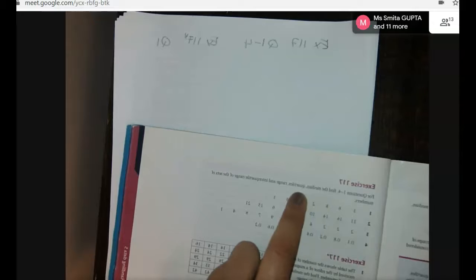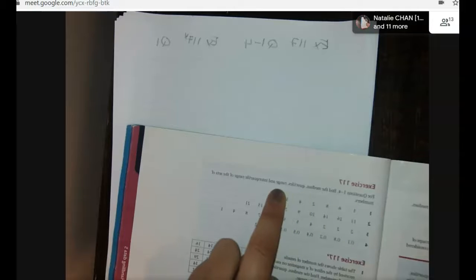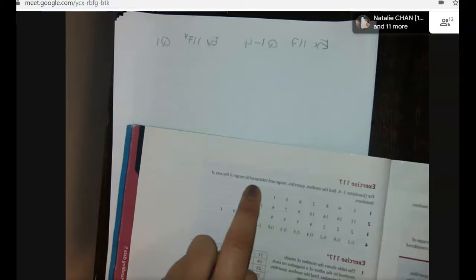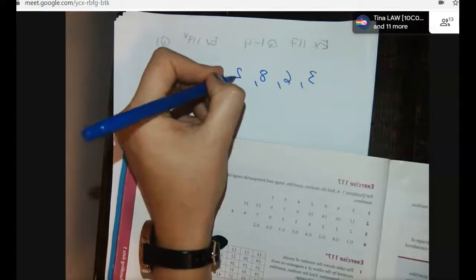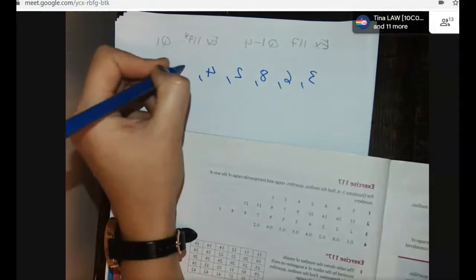So it says, for questions 1 to 4, find the median, quartiles, range, and interquartile range of the sets of numbers. And we're going to look at this first set, and the numbers there are 3, 6, 8, 2, 4, 3, and 1.